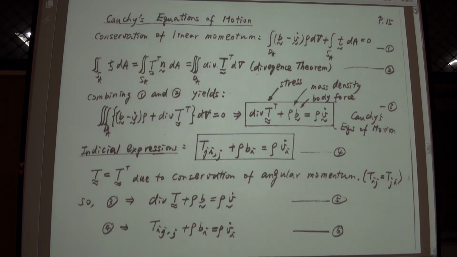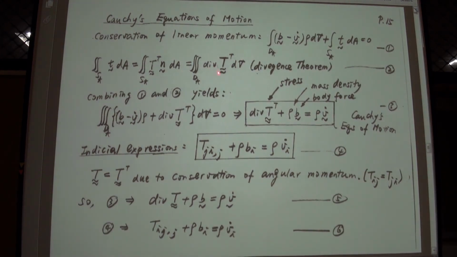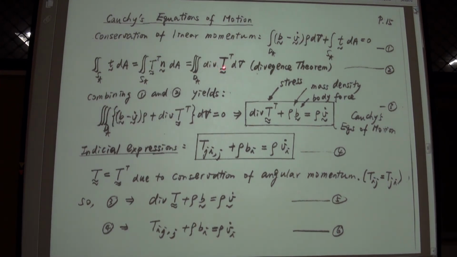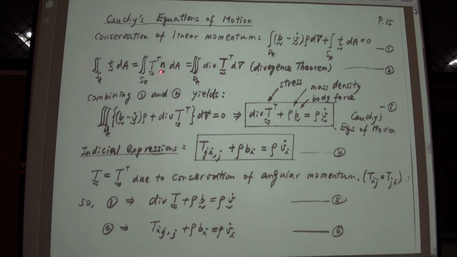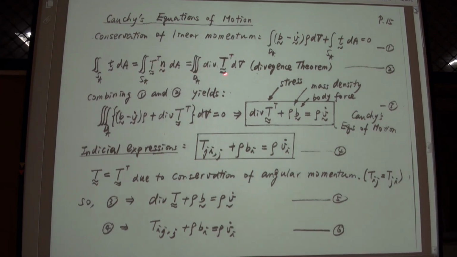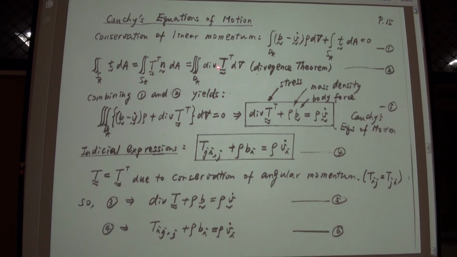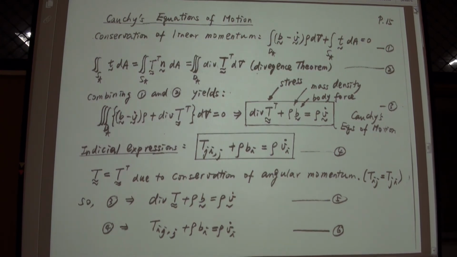You can review this theorem by yourself in the textbook or on the internet. We can turn the surface integral into a volume integral by writing a divergence of the stress tensor. We put the divergence of the stress tensor inside the volume integral and replace this surface integral by the volume integral. Okay, this is a standard mathematical skill.